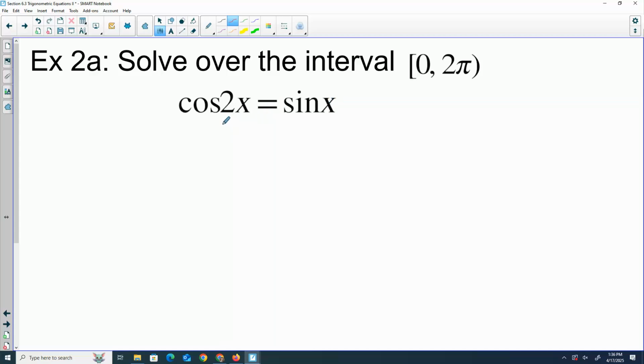So we need to get them in terms of 1. So this is when I would go to my flip chart. What do you think would be your easiest option? Can we change cosine 2x to?